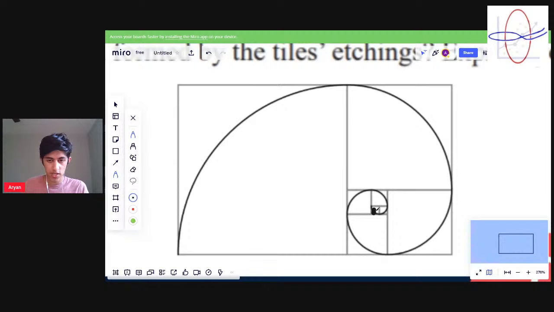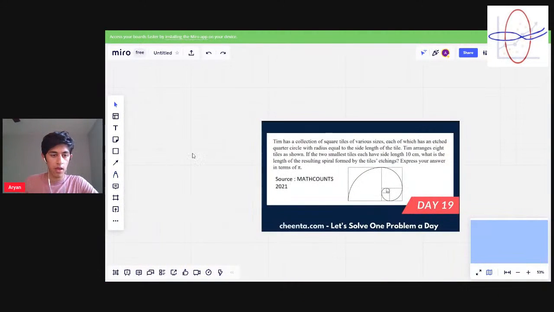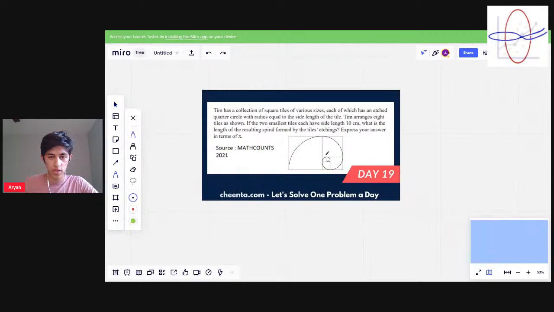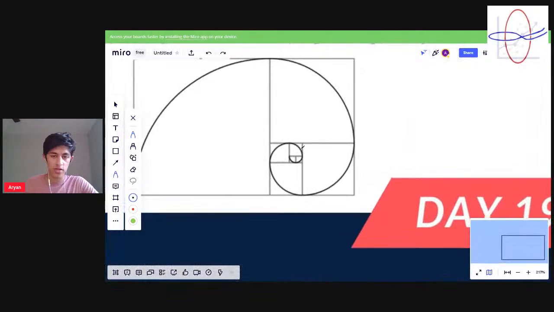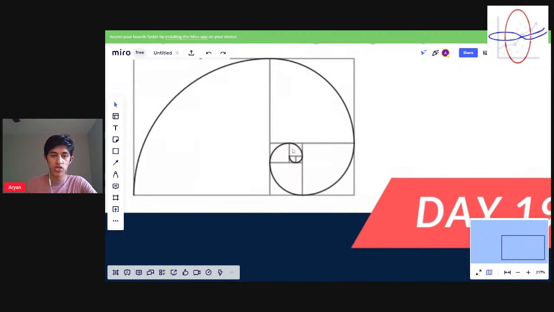So if we look carefully at this, we can see that the square above these two is just twice the side length of the smaller two squares. If these two are 10, that means this is 20 right here, because 10 plus 10 is 20.